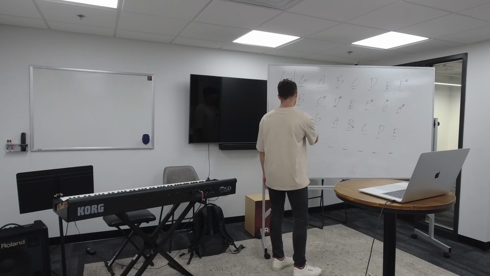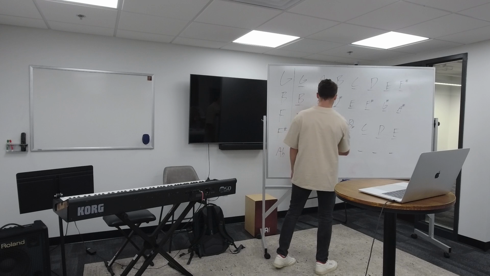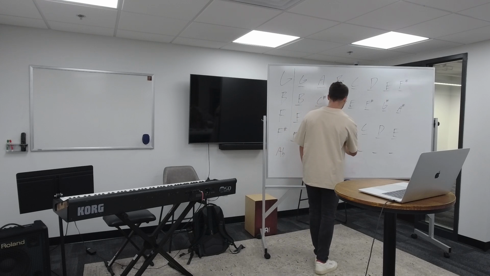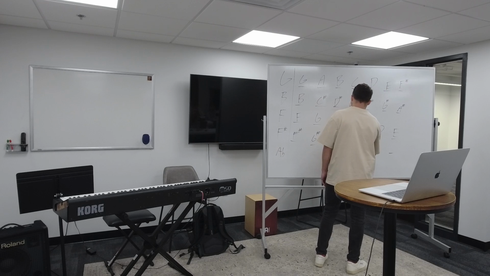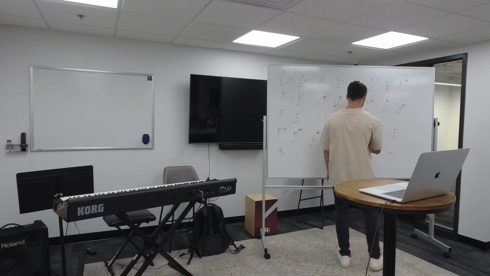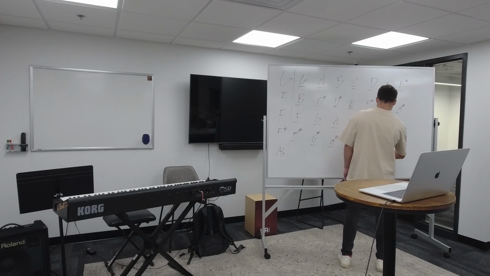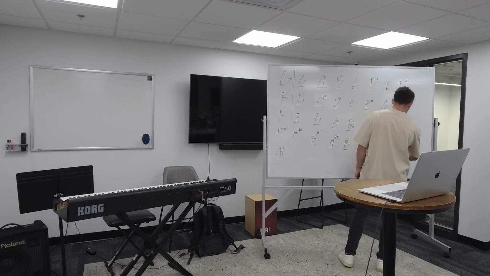So in F sharp, note number 1 is F sharp, then G sharp, A sharp, B natural, C sharp, D sharp, and E sharp, also known as F.